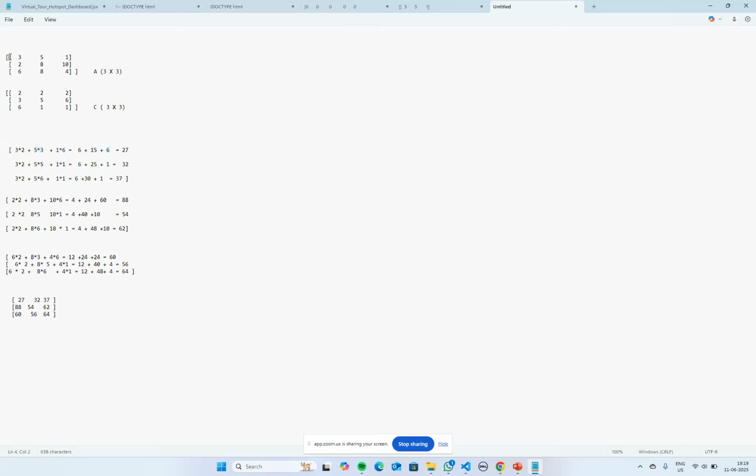We'll consider 27, 32, and 37 as the first row values. Similarly, 2, 8, and 10 multiplied with all the columns give 88, 54, and 62, the second row. Then 6, 8, 4 multiplied with all the columns gives 60, 56, and 64.